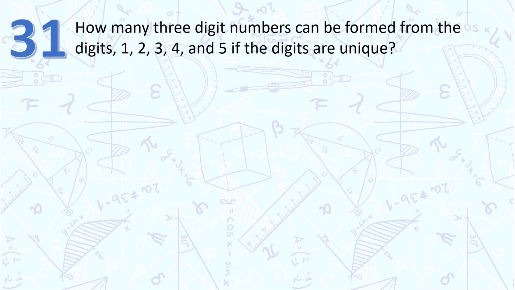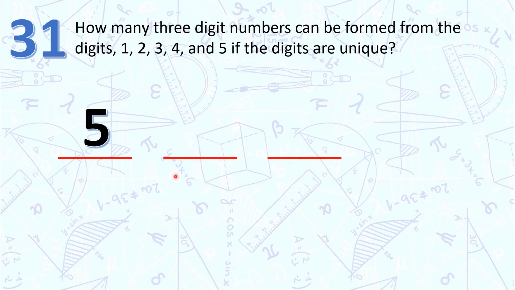Number 31. How many 3-digit numbers can be formed from the digits 1, 2, 3, 4, and 5 if the digits are unique? If the digits are unique, therefore, repetitions are not allowed. So let us have the 3-digit numbers. In the first digit, we have 5 choices. That's 1, 2, 3, 4, and 5. If we have used one of the 5 digits, we cannot use it anymore in the second digit.